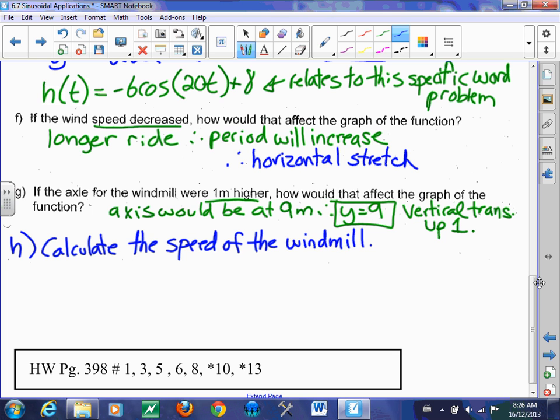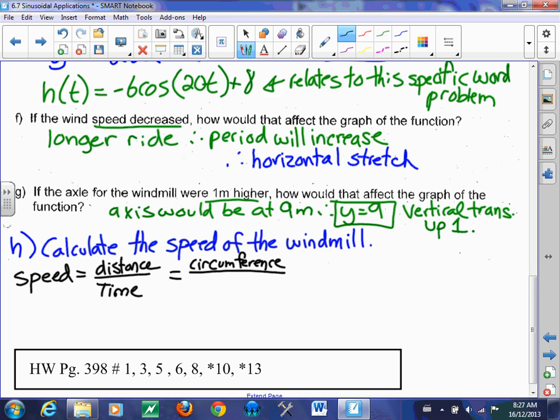Okay, well, first of all, speed, we have to remember, is distance over time. Just think of when you have the speed limit on the road, okay? So it's distance over time. And the distance, ladies and gentlemen, is the distance around a circle, which is the circumference of the circle, divided by time.